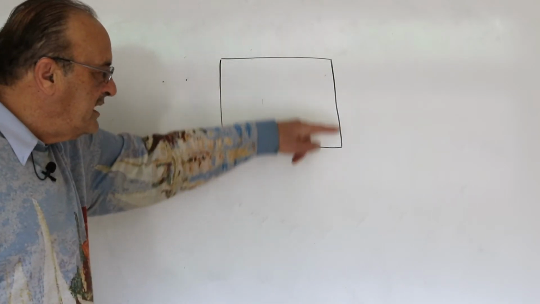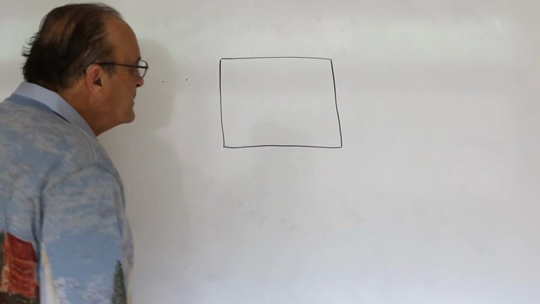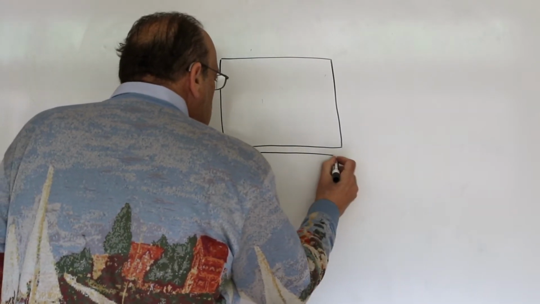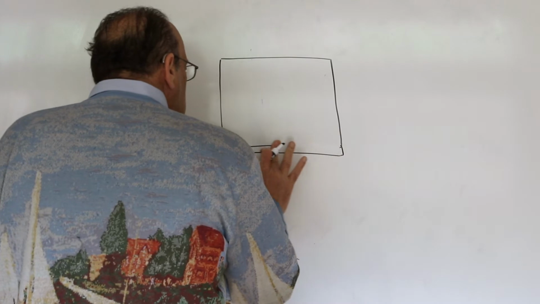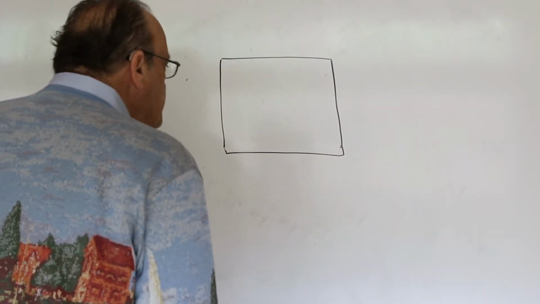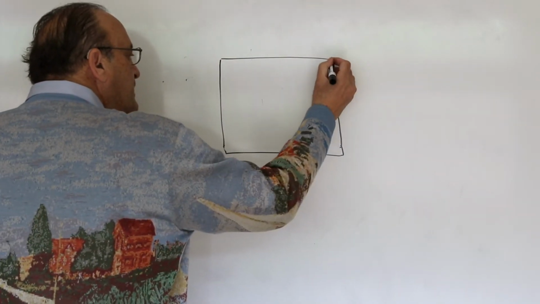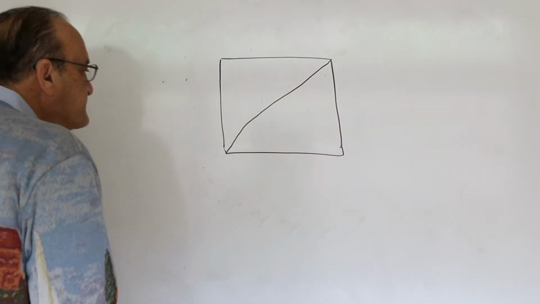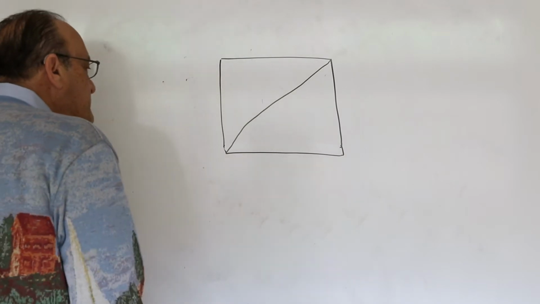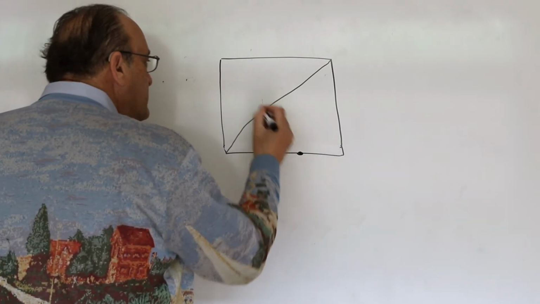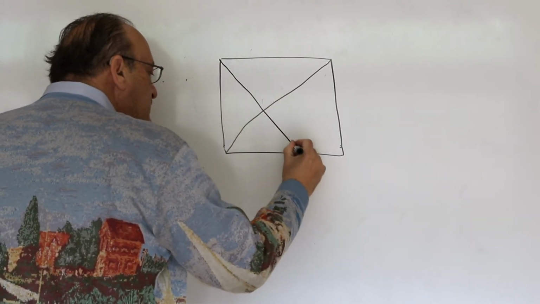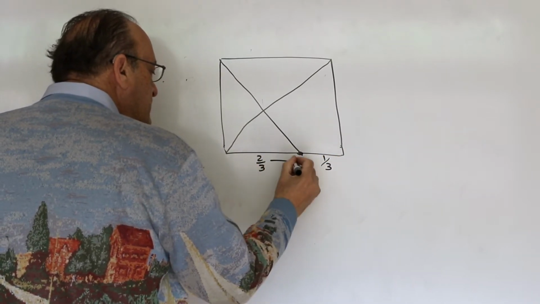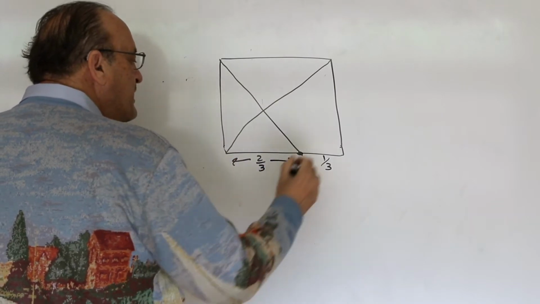So it's 1 on each side. Okay, so suppose we have this diagonal, and we have another diagonal that only goes to here. Suppose this is 1/3, and this is 2/3. And we want to know this area.